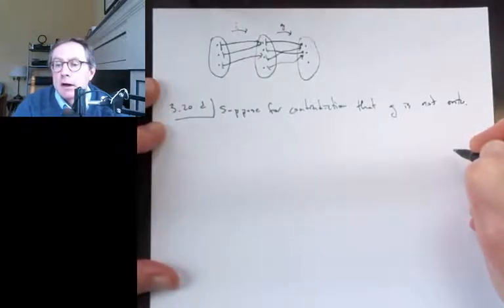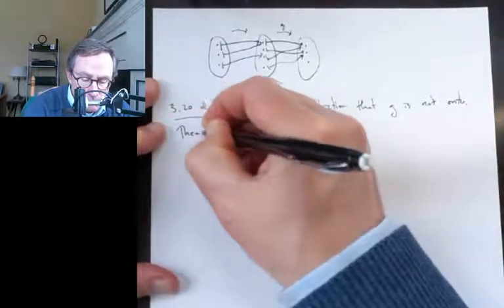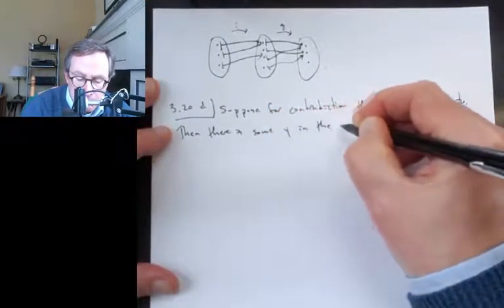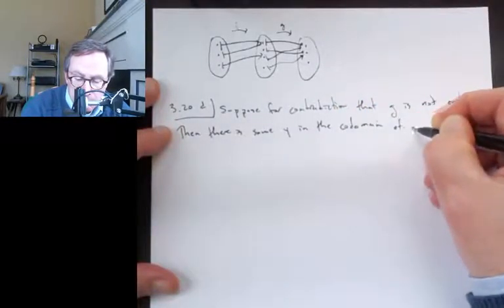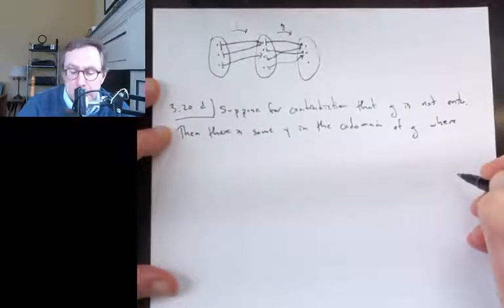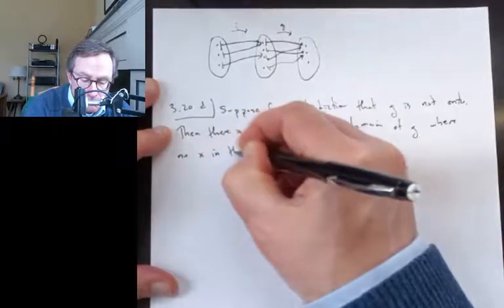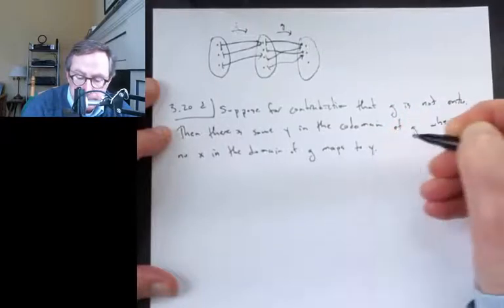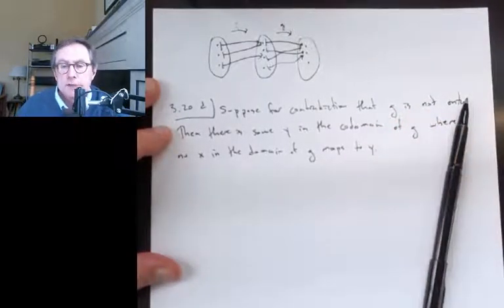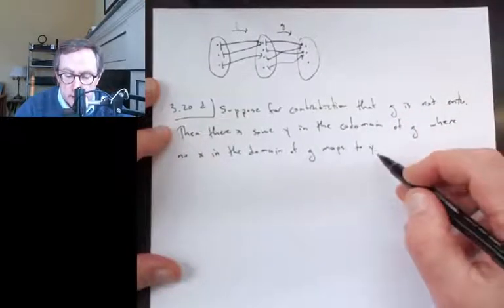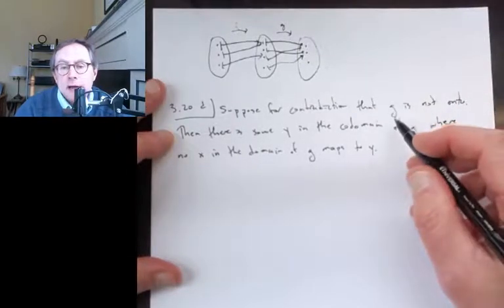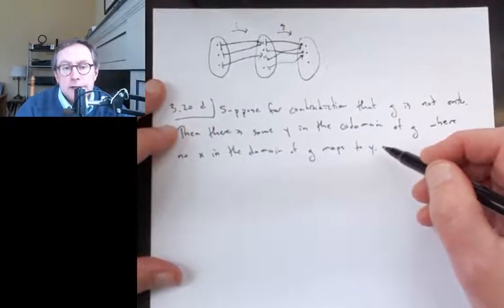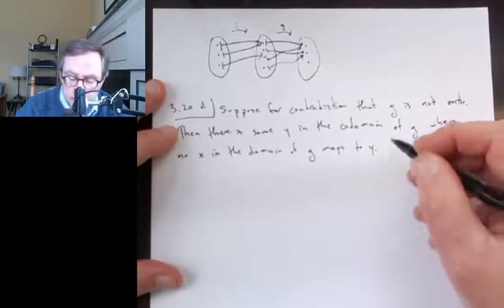Then there is an element Y of G's codomain where no x in the domain of G maps to Y. Well, if no x in the domain of G maps to Y, then it's necessarily the case that for any A in the domain of F, G of F of A can't possibly map to Y.